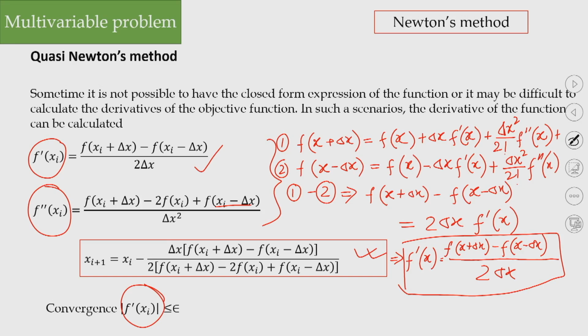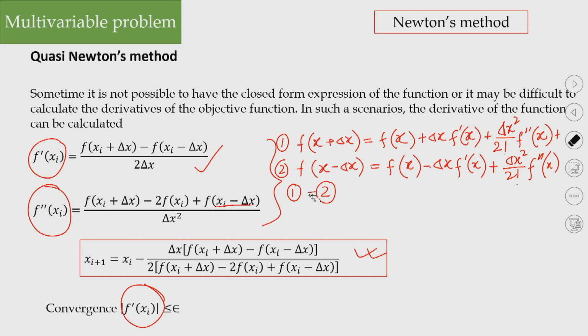Let us see what we get. On the left-hand side, f of x plus delta x plus f of x minus delta x.